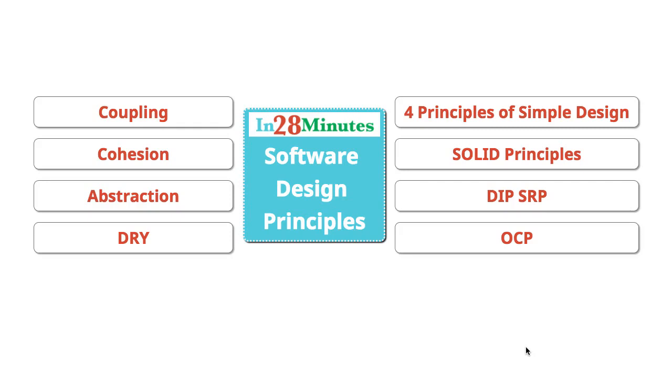DRY is one of the 4 principles of simple design, and we'll also talk about 3 SOLID principles in depth: dependency inversion principle, single responsibility principle, and open closed principle. By the end of this specific video, you should have a good overview of how you should design your software. Let's get started with the first one in the next step.